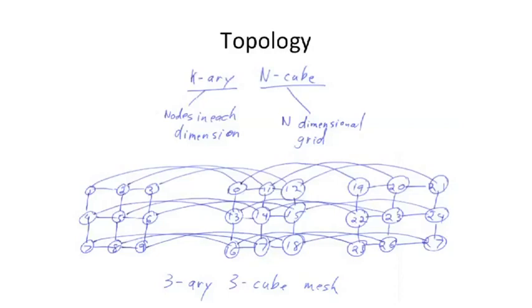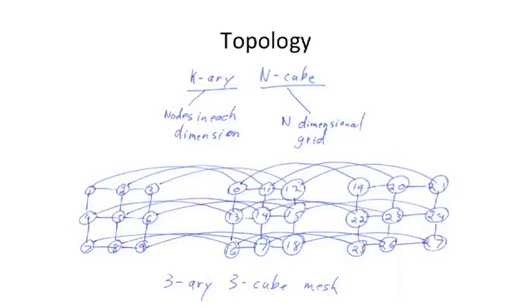I want to introduce a piece of nomenclature that you'll see for mesh networks. You'll hear sometimes people talk about things as k-ary n-cubes. Using two numbers, we can completely describe a type of mesh network.